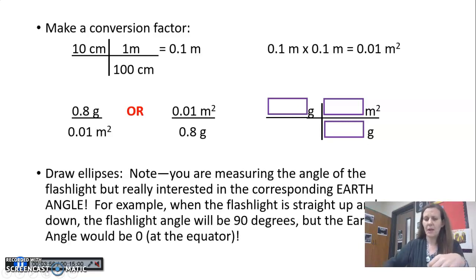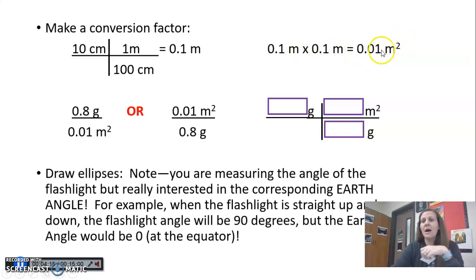So now we need to make our meters into meters squared. So 0.1 meters times 0.1 meters equals 0.01 meters squared. All right.